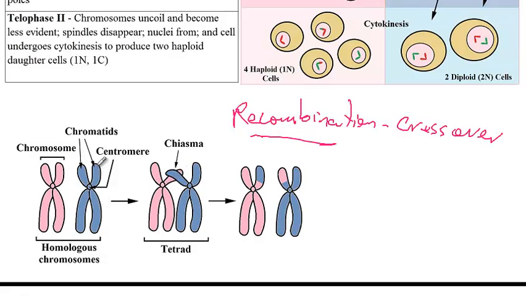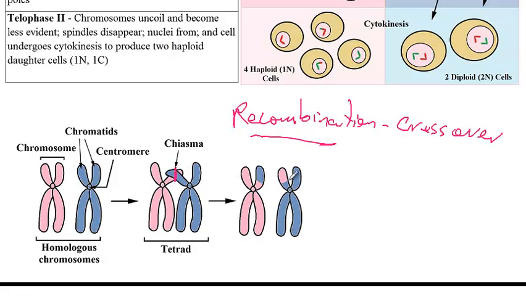So here you can see that we have one blue chromosome. The two sister chromatids are attached to each other by a centromere. And then we have another homologous chromosome right here that also has two sister chromatids attached to each other by a centromere. During recombination, they form a tetrad, and the chiasma is the site where they exchange their genetic material.